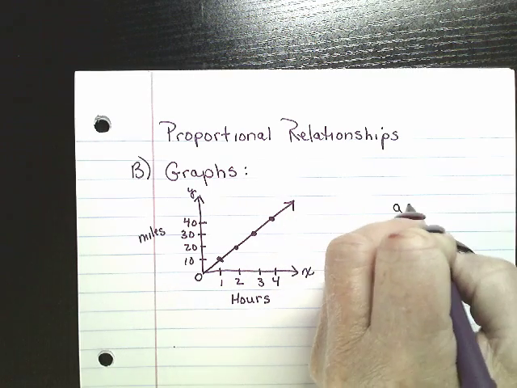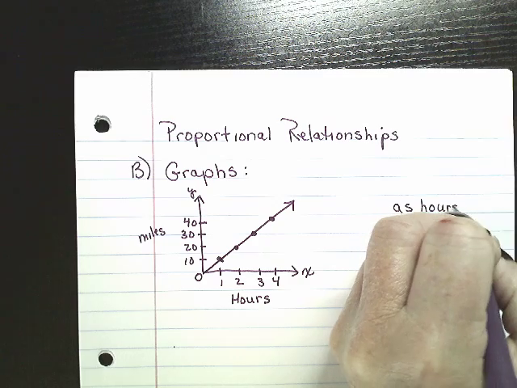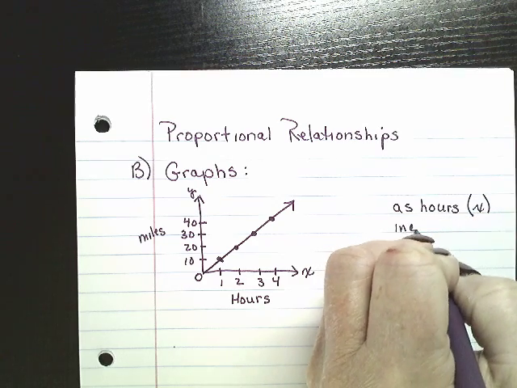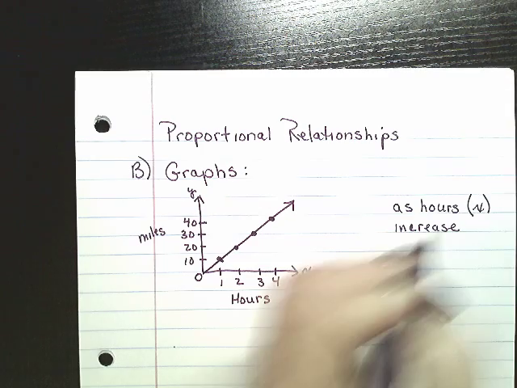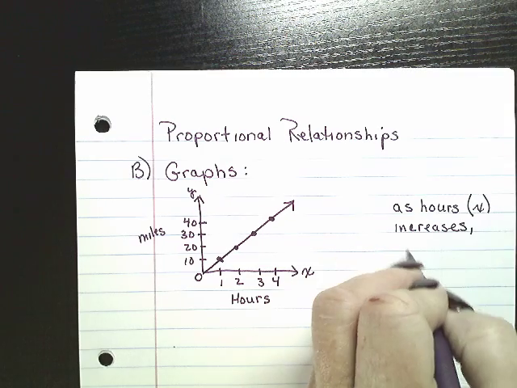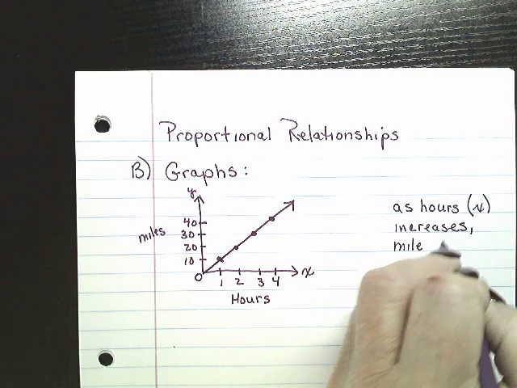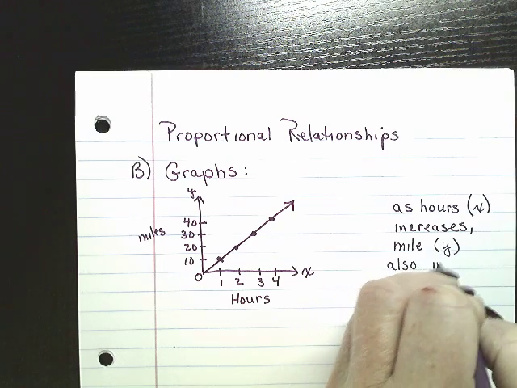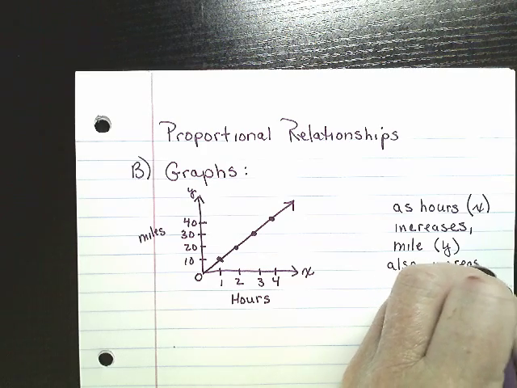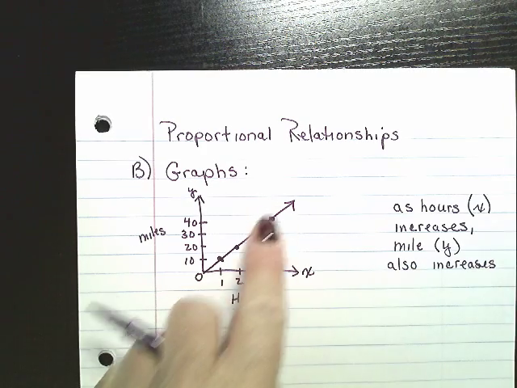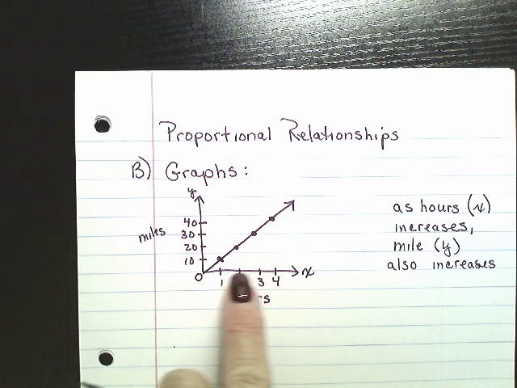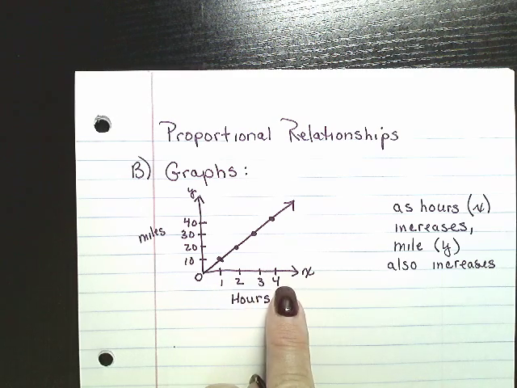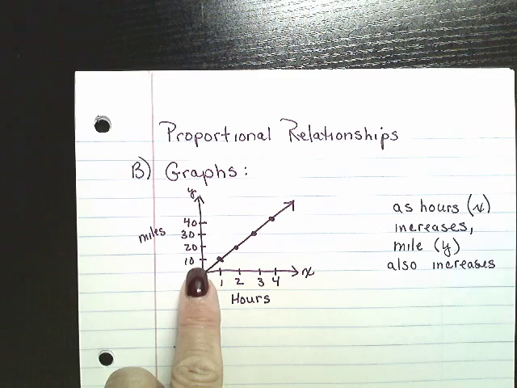So as hours, which is my x variable, increases, miles, the y, also increases. That's why our line goes up in a positive direction. So as I'm coming across, my hours are increasing: 1, 2, 3, 4.